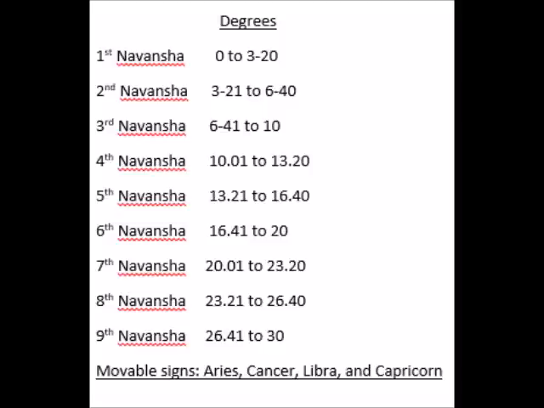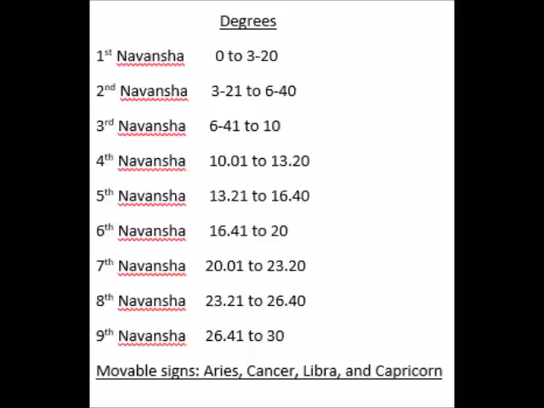Now we go on to another planet in the same chart. We see that Saturn is sitting in the fourth house in the zodiac sign of Taurus.